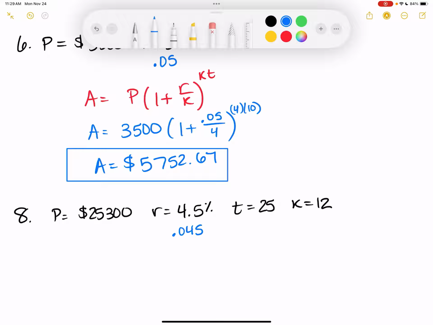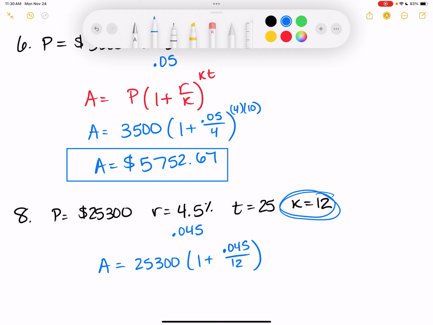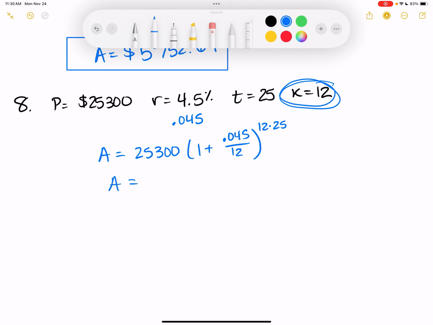Then using our formula, A equals 25,300 times 1 plus 0.045 divided by 12. So this particular one was compounded monthly because it's compounded K, 12 times per year, and then raised to the 12 times 25. The answer is 77,765.69.